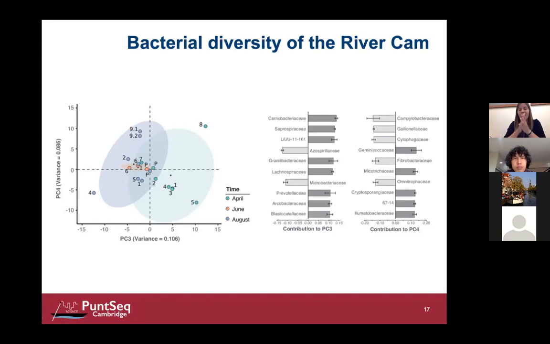Obviously you can't make any conclusion that they occurred only in April because April was colder than June and August, because a lot of other factors differ as well, like chemical measurements, pH and so on. So it might not actually be the temperature that has an effect, but we can definitely see some temporal differences in our samples.